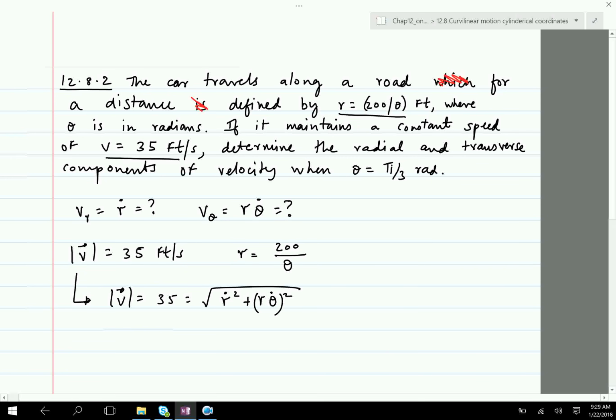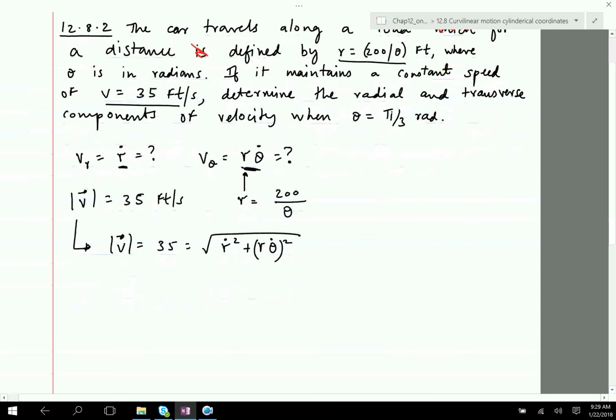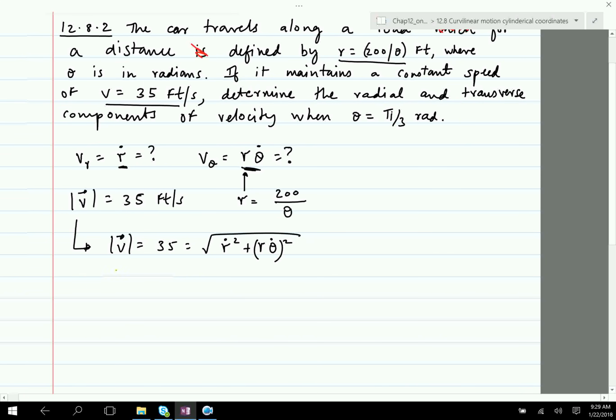So that's using one piece of information. I need to find r dot. I need to find r theta dot. I know what r is, so I can just sub that in there. I can sub in r here, but I still don't know what r dot and theta dot are. So I'm going to take the derivative to get r dot, because I know r. So r dot is d dt of 200 divided by theta. So 200 comes out. I need to take the derivative of 1 divided by theta.